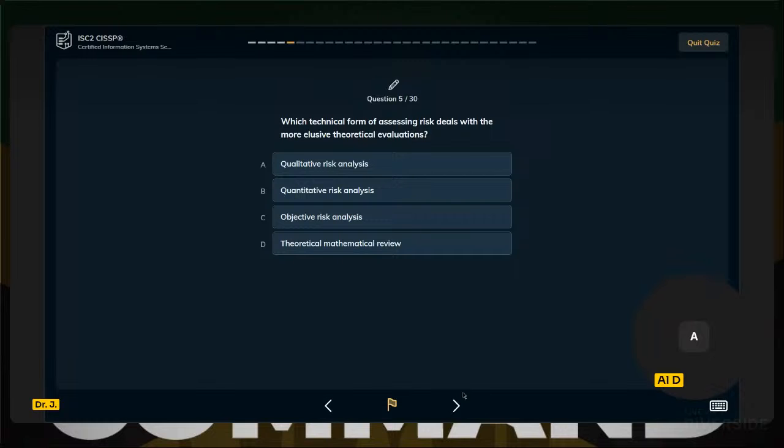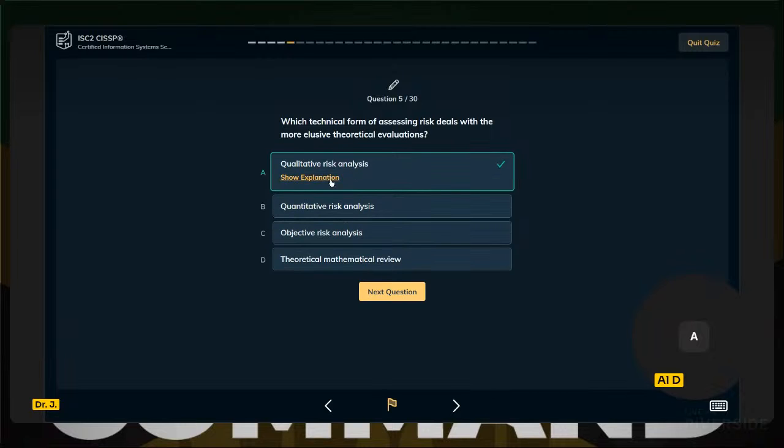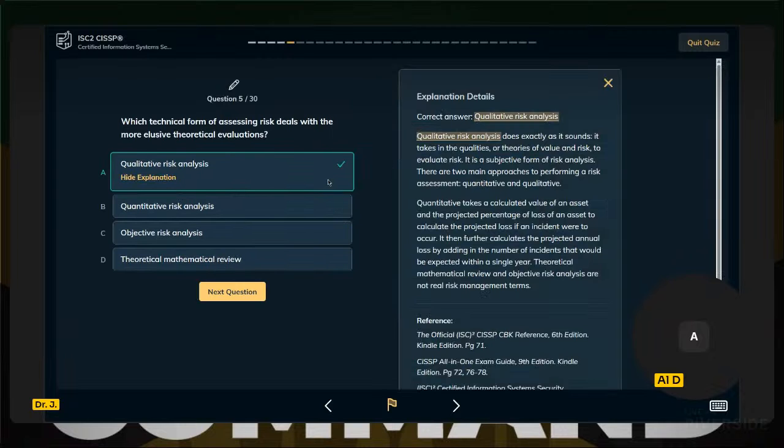Would that be quantitative, theoretical evaluations, or would that be qualitative? I would say it'd be qualitative. I don't think it'd be quantitative. Oh, risk and likelihood. Yeah, that's qualitative. It takes inequalities, theories of value and risk to evaluate risk. That's qualitative risk analysis.